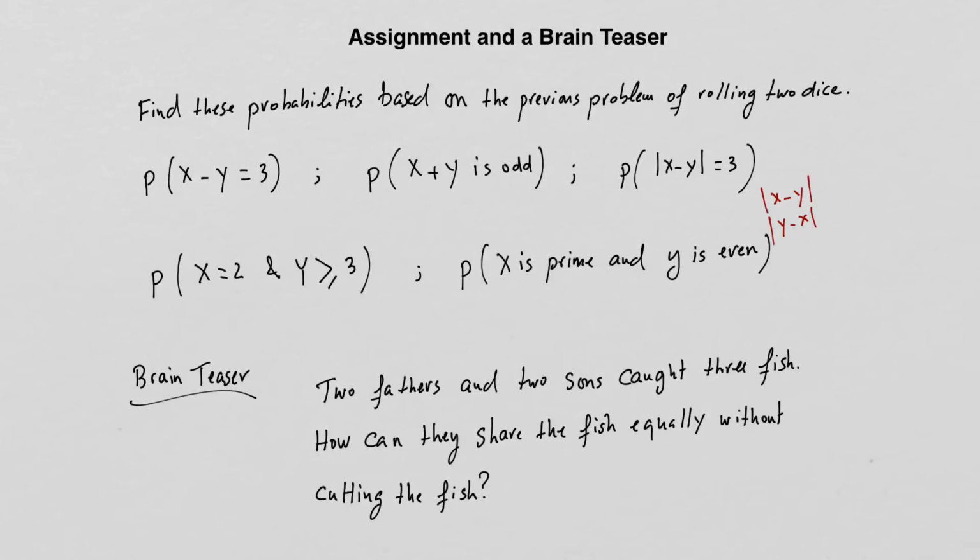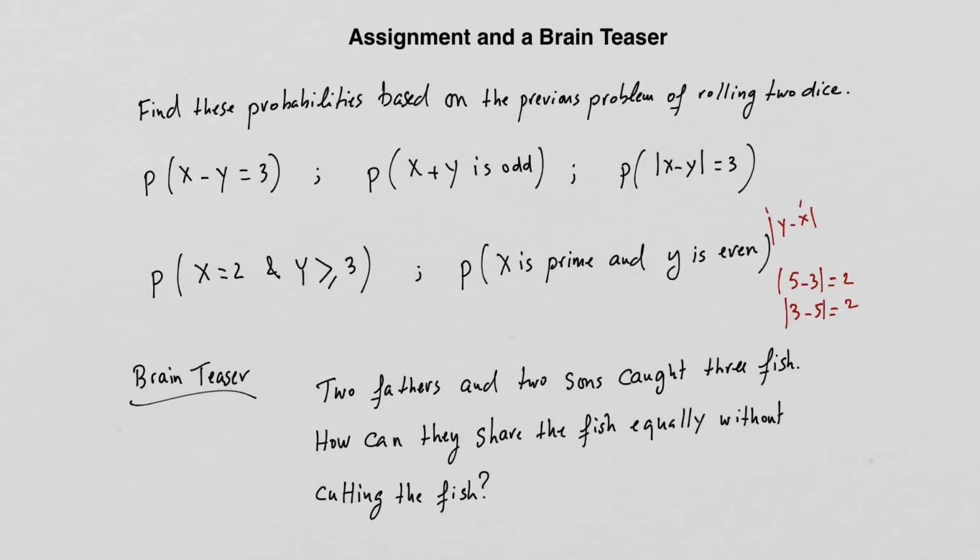For example, 5 minus 3 and 3 minus 5 are not the same, right? 5 minus 3 is 2, and 3 minus 5 is negative 2. But when I put bars around them, they both give me 2. What I'm trying to say here is, it doesn't matter whether you say x minus y or you say y minus x. You want the difference to be 3. Unlike this one, okay? So, have fun with this one.